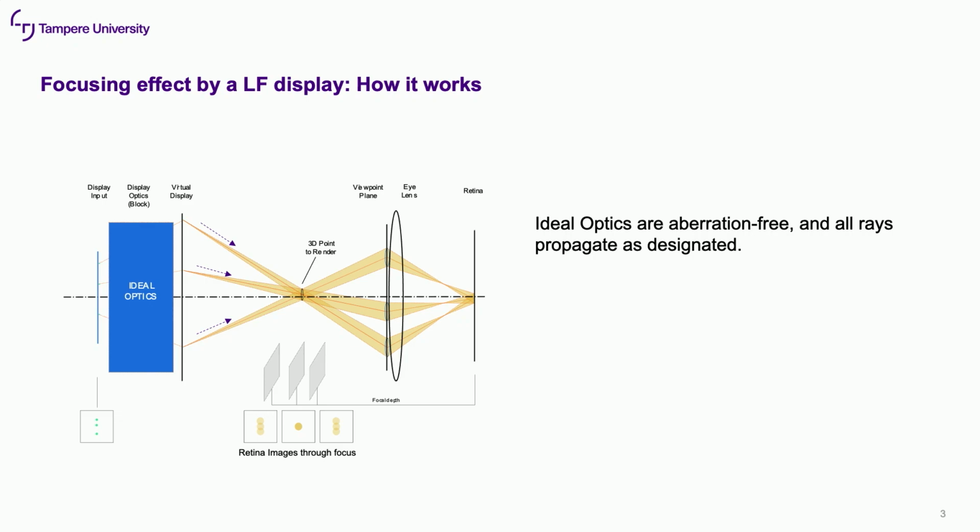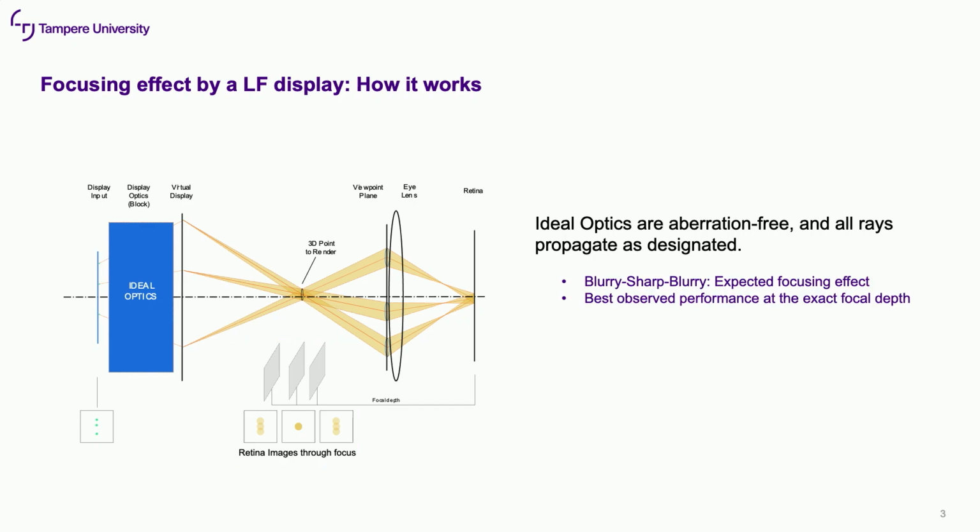As the eye changes focus, the retina captures the image like slices at different depths, recording where the 3 ray footprints are. When the eye shifts focus from far to near, these footprints draw close together, perfectly overlapping at the exact depth of the rendered point, and then diverge again.